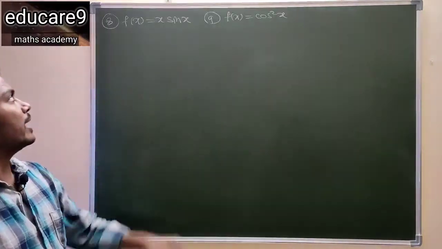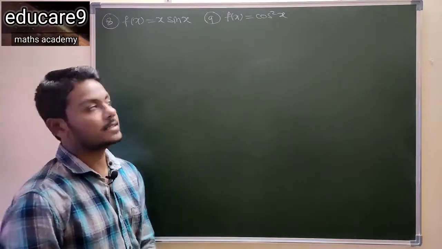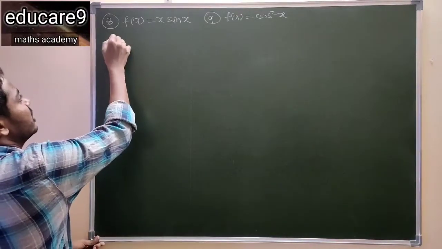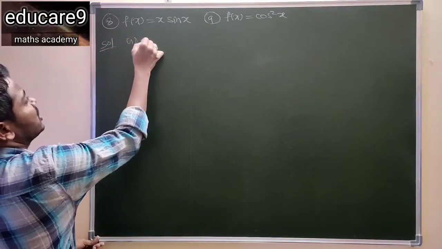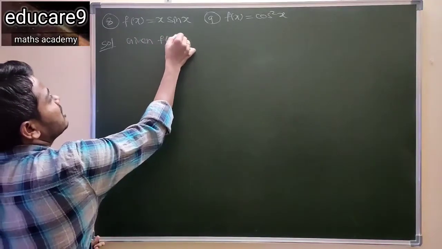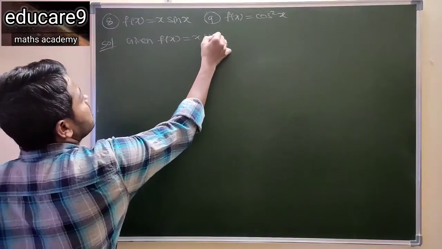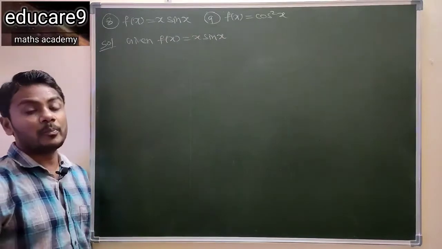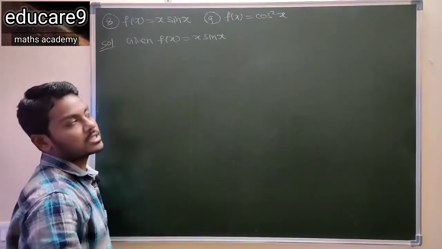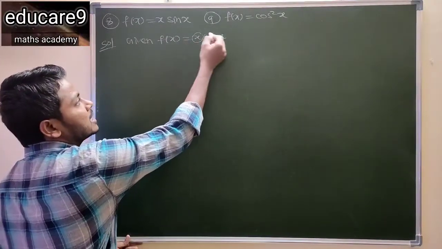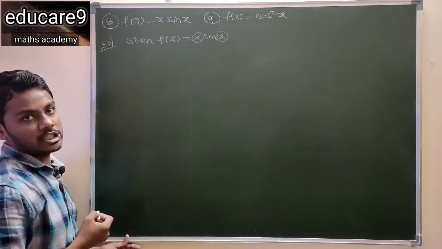So see the next one, f of x is equal to x sin x. See our solution. The given function is f of x is equal to x sin x. Now replace x by x plus h. So write in place of x, x plus h, here also x plus h.